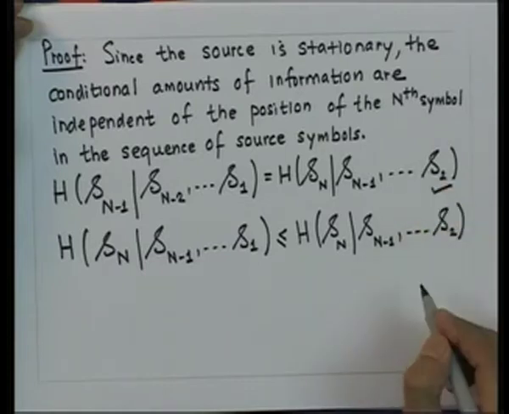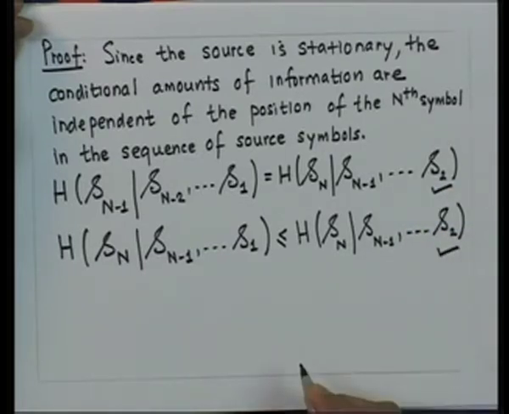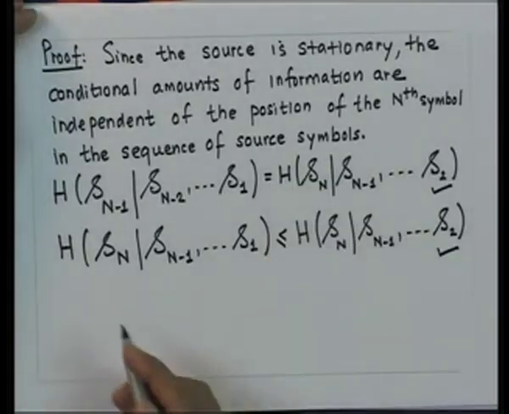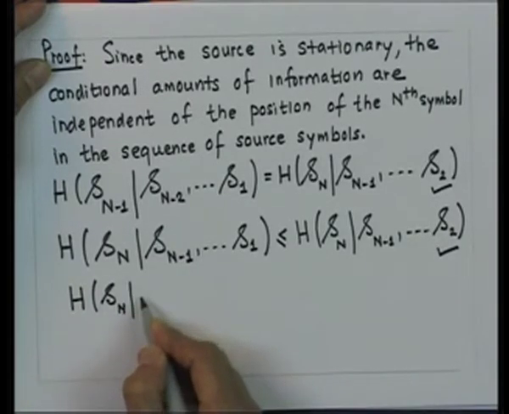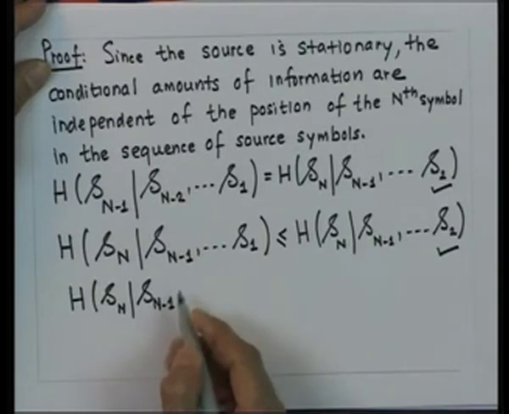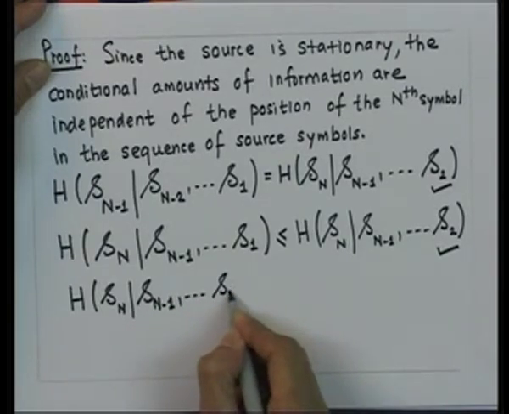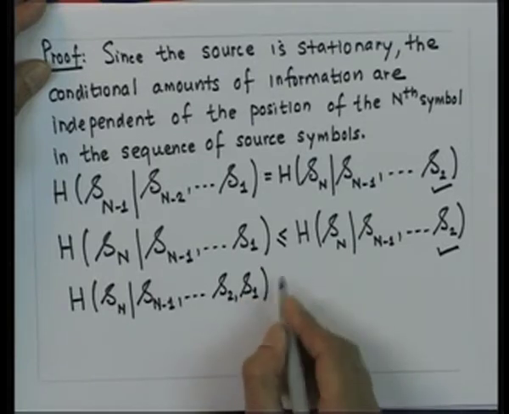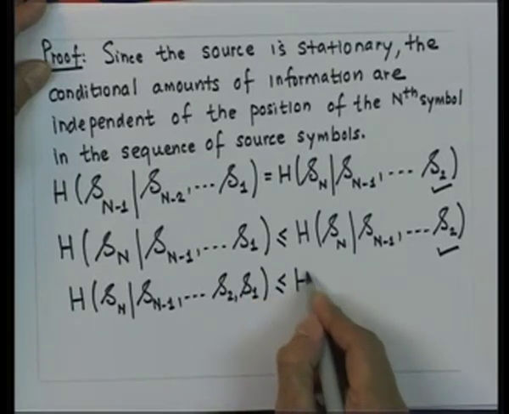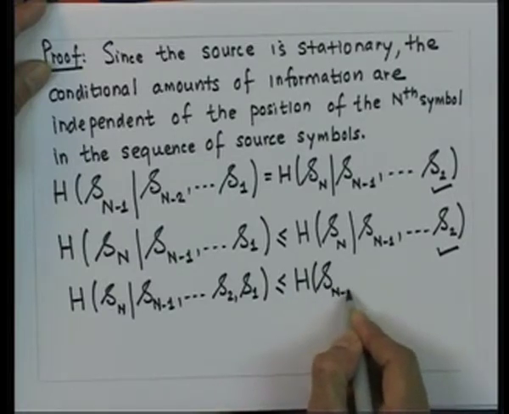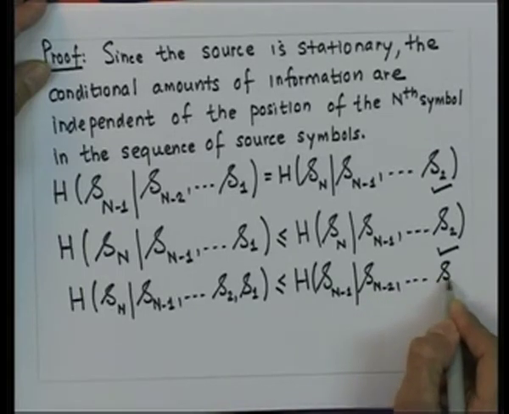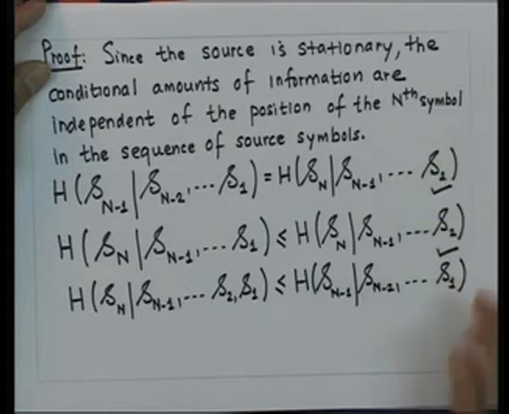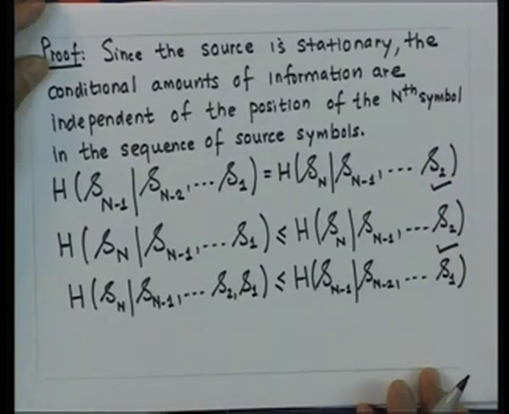This I can write because the source is stationary, and this is the property of the additional information measure, and from this too it directly follows that H of Sn given Sn minus 1 up to S1 is less than or equal to H of Sn minus 1 given Sn minus 2. So, using these two properties I get this.